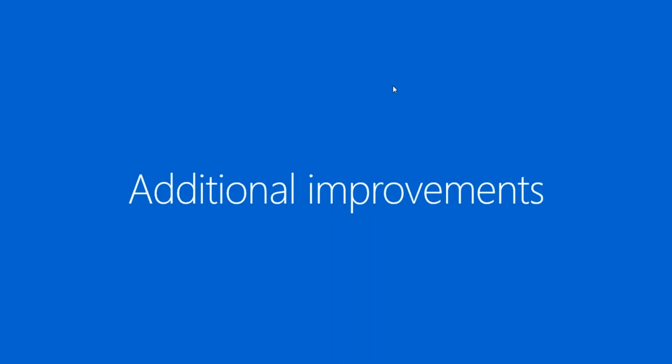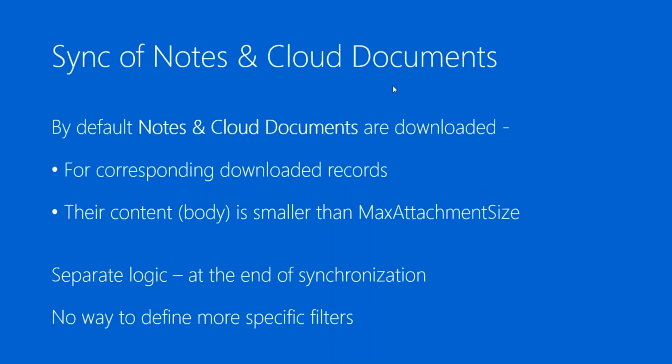and mention one more very interesting feature, and that is the synchronization of notes and cloud documents. So by default, notes and cloud documents, these big files usually, are downloaded for corresponding downloaded records, so actually only for accounts, the notes which are there will be downloaded.